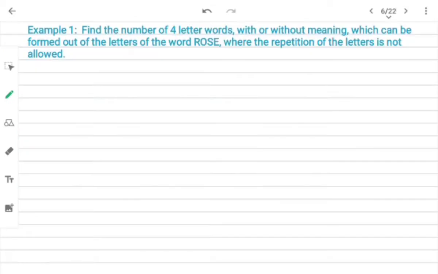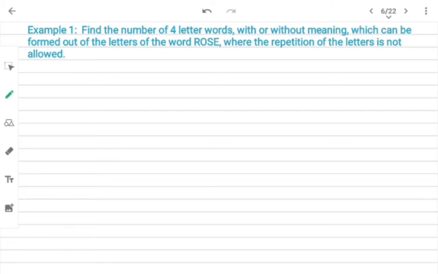Now we'll see an example on this one. Example 1. Find the number of 4-letter words, with or without meaning. If you are framing a word, it can have a meaning or it cannot have a meaning, which can be formed out of the letters of the word ROSE.